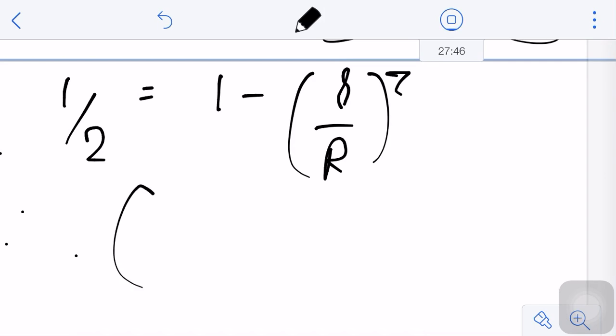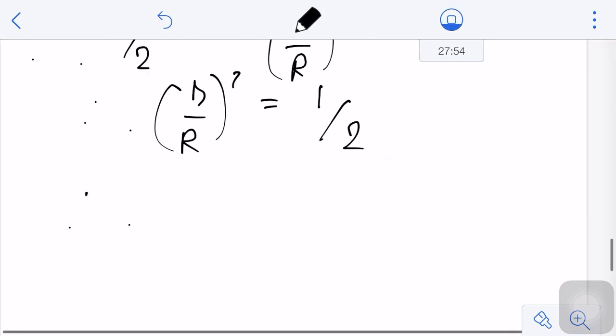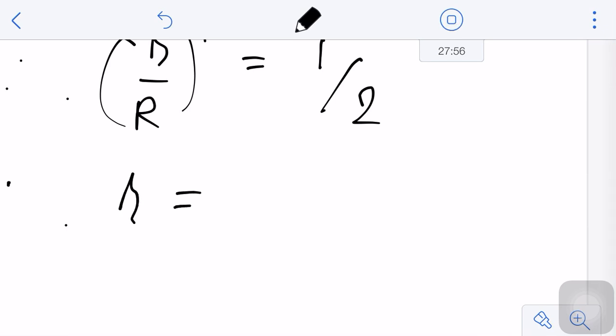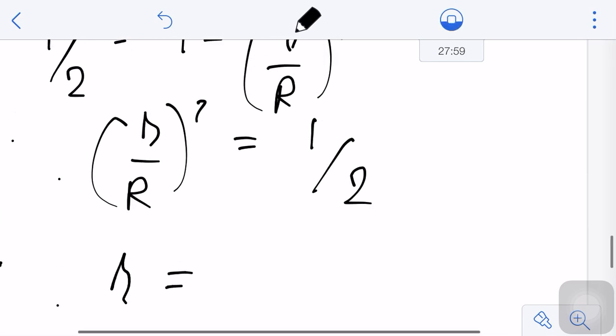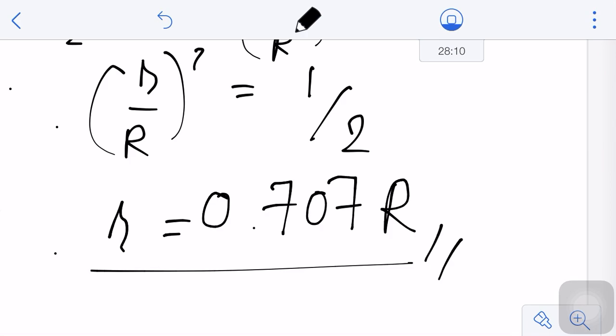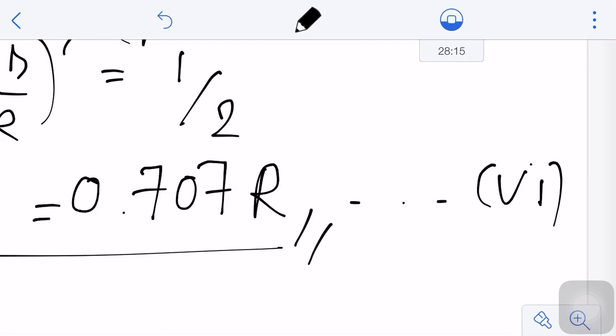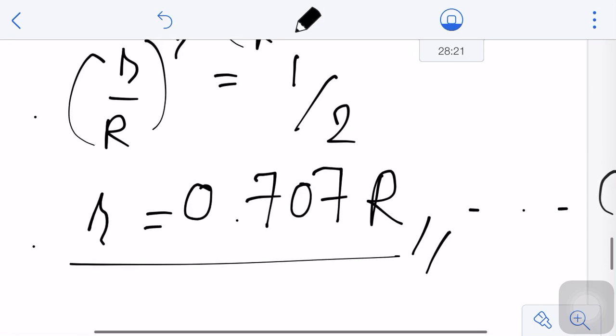Therefore r upon capital R whole square is equal to 1 by 2, or in other words, if you finally simplify this term, the final value I have calculated is that small r is equal to 0.707 capital R. So this equation reveals that the local velocity will become equal to the average velocity of flow, that is u average, at a radial distance of 0.707 of capital R from the center of the pipe.